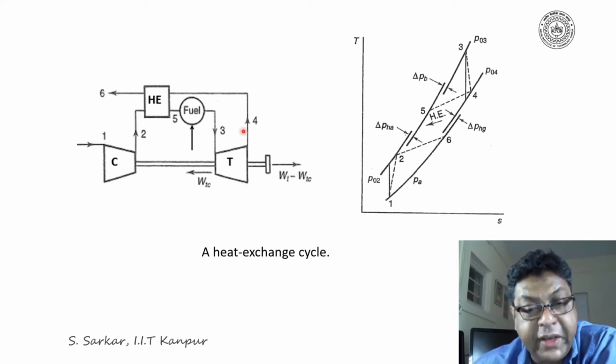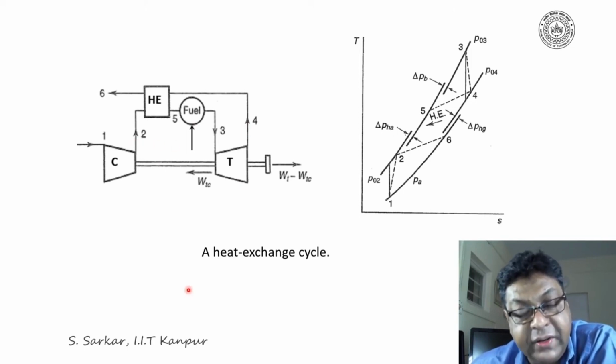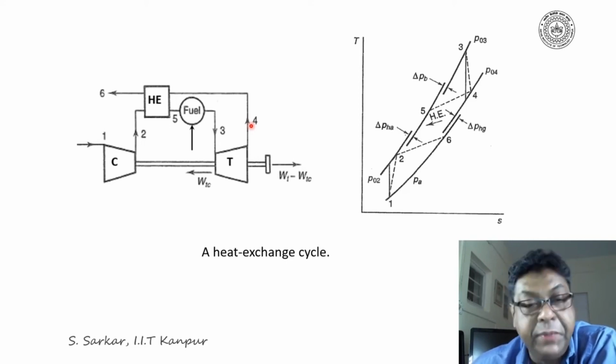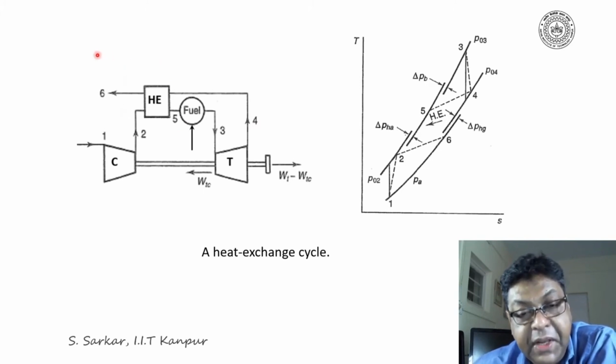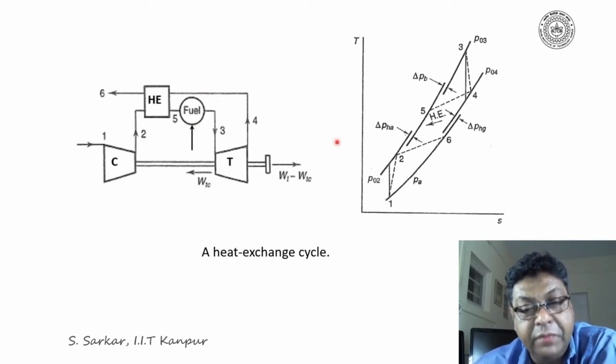Now the turbine exhaust temperature is much higher than the outlet temperature of the compressor, and thereby the energy carried by the exhaust gas is utilized in the heat exchanger. Thereby the fuel input, or the energy input in the combustion chamber, decreases, increasing the efficiency of the cycle.